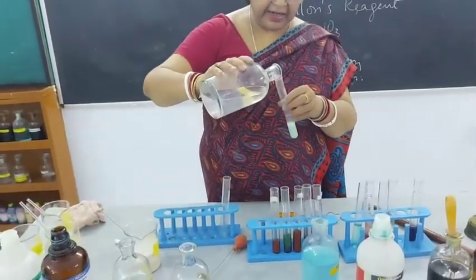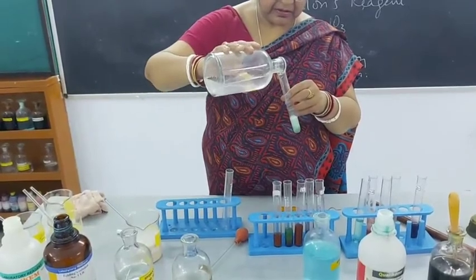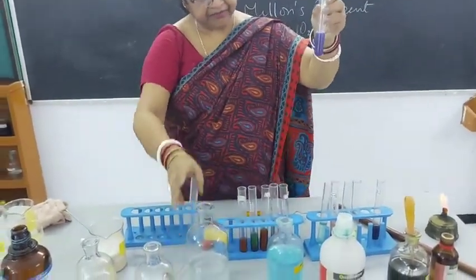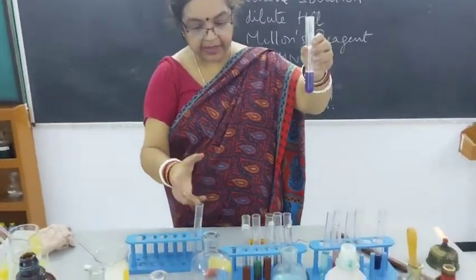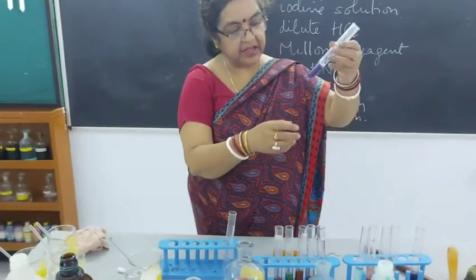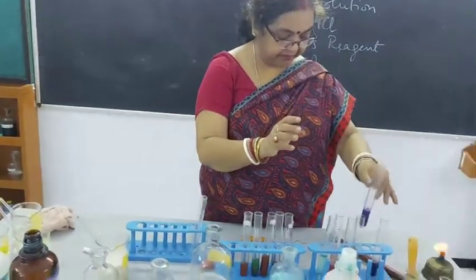We will add NaOH to this. Then you will see purple color will come like this. So when we mix, alkaline copper sulfate is also called biuret reagent. So when we mix, it gives a nice dark purple color.